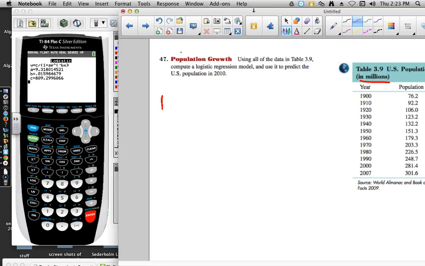This was population, so I will do P of T according to time. And our C value here is 299.6, which rounded up would be 300. And that's going to be over 1 plus our A value 9.318.